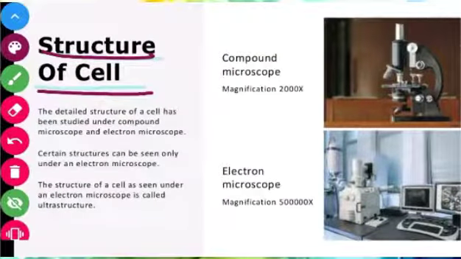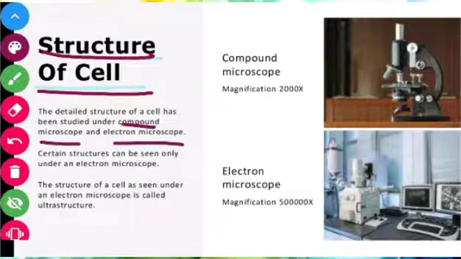In the structure of the cell, the detailed structure has been studied under the compound microscope and electron microscope. The detailed structure may include mitochondria, endoplasmic reticulum, Golgi complex, lysosomes, ribosomes, cytoplasm, cytoskeleton, everything. What it contains is studied under the compound microscope and electron microscope.